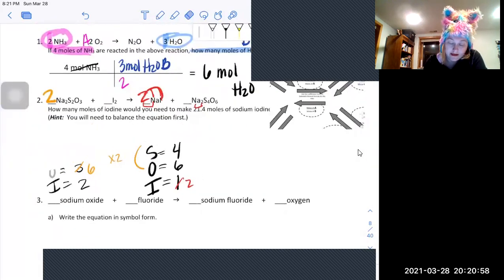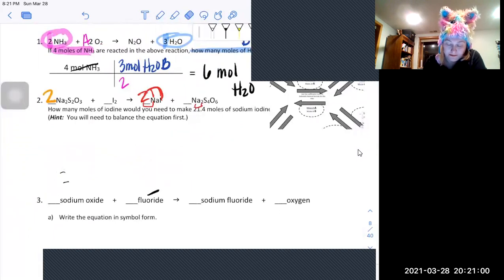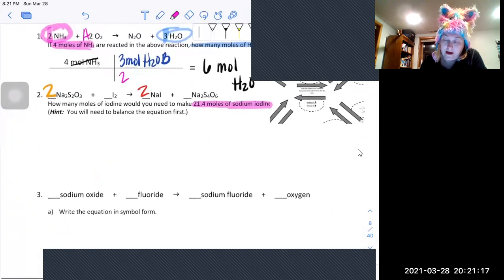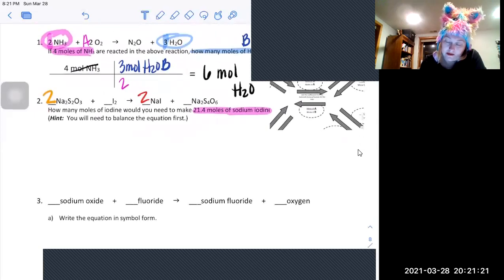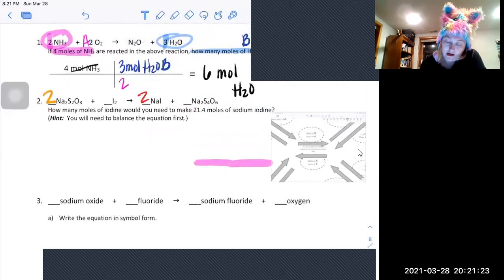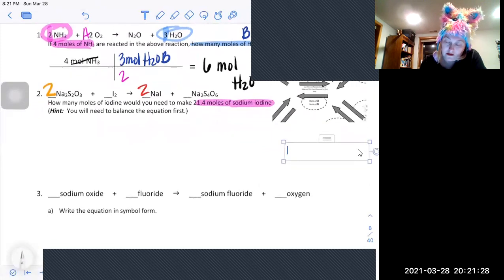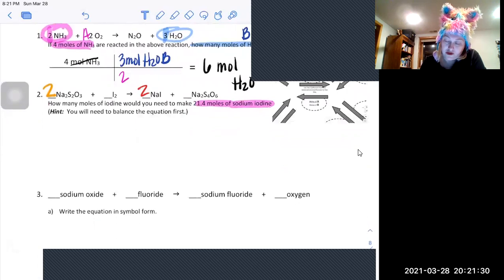Now you're going to want to erase some of this and make some room for your mole reaction. Again, the first element that you're given is going to be your chemical A. So 21.4 moles of sodium iodide. That will be my A. Now I need to move this because it's in the way of my question here.